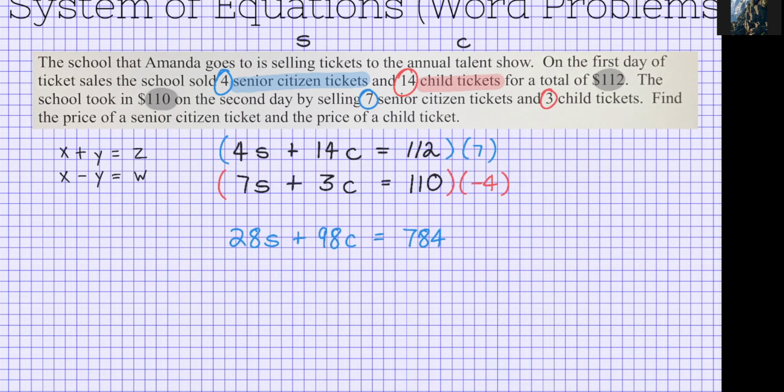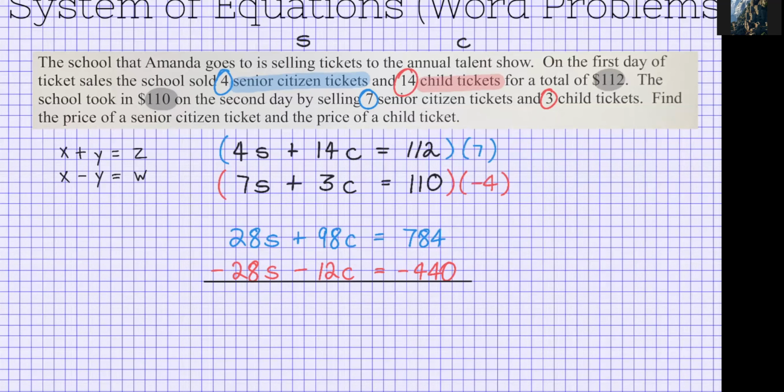Now we're going to do exactly the same thing with the second equation. In this case, it'll be negative 28S minus 12C. This equals negative 440. So now we have both our equations ready.